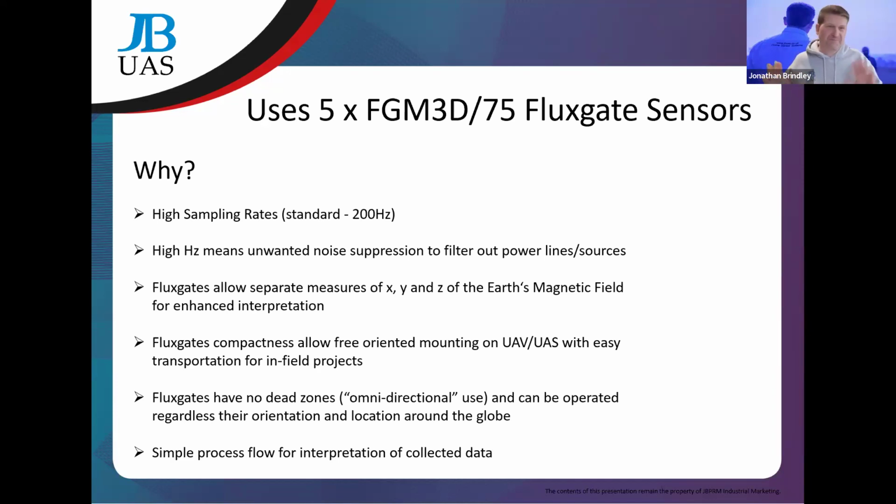So that's the first really plus point. The second is it's quite a high sampling rate. A standard version of the R4 is 200 hertz. So as a standard, it's got good resolution. Interesting to know that you can actually get higher hertz rates than that. There is a trade-off with processing time.